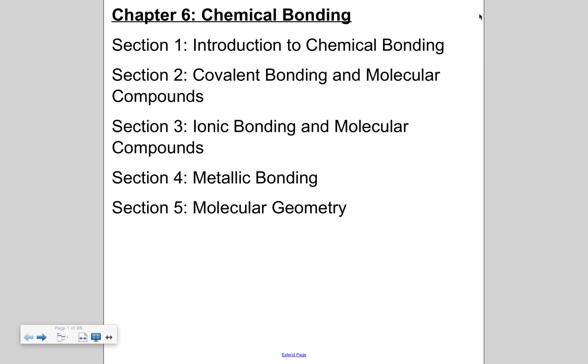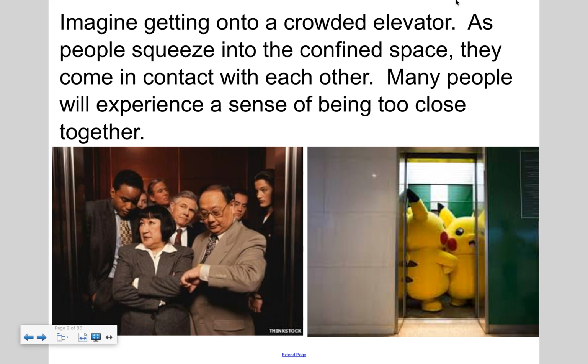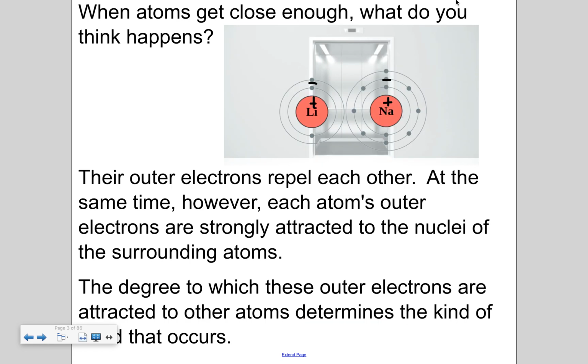So imagine getting onto a crowded elevator. As people squeeze into the confined space, they come in contact with each other. Many people will experience a sense of being too close together. So when atoms get close enough, what do you think happens? Well, think about their electrons.